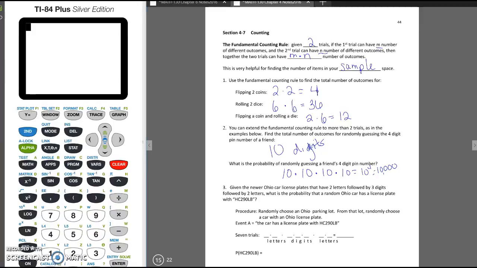Okay, similarly, number 3 says, given the newer Ohio license plates have 2 letters followed by 3 digits followed by 2 letters, what is the probability that a random Ohio car has the license plate HC290LB? Okay. So the letters, there's 26 letters in the alphabet, so each place we have a letter, we'll put 26.